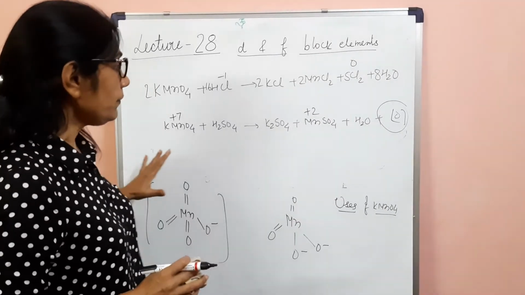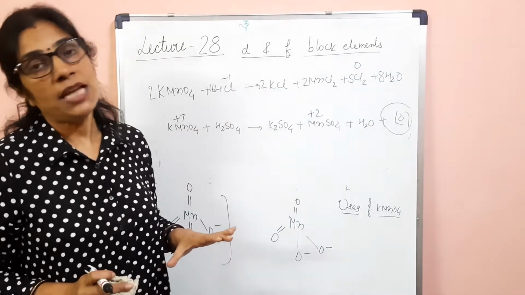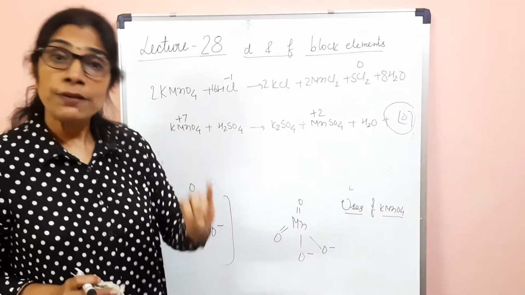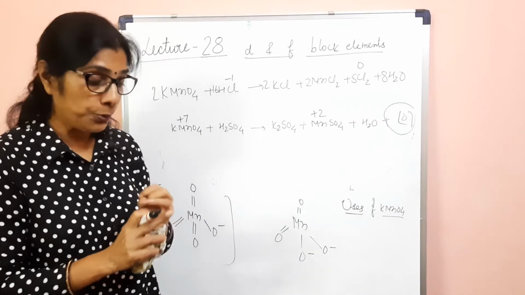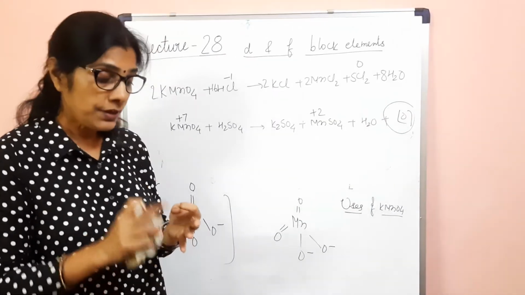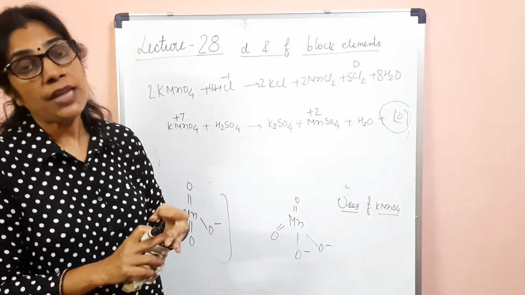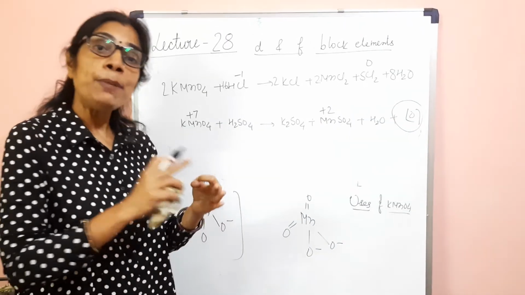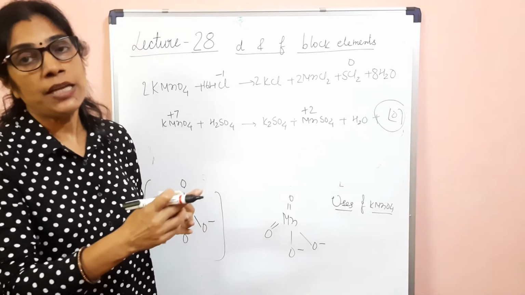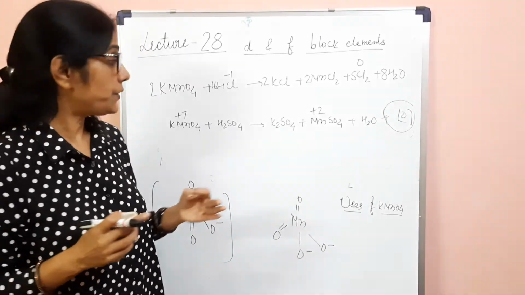So this is all about potassium permanganate: its preparation from pyrolusite or MnO2, electrolytic oxidation, lab preparation in the presence of peroxodisulfate ion S2O8 2 minus, where Mn2 plus is oxidized to MnO4 minus.